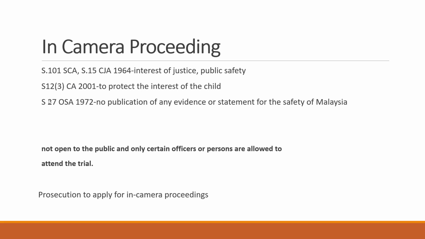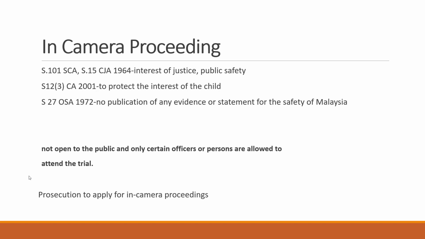And this is section 27 of your Official Secrets Act 1972. Okay, regarding any public security problems of Malaysia, you cannot publish it. You cannot, after that, make a tweet: oh, today the trial is about somebody stealing a nuclear weapon from Malaysia to somewhere. You cannot say like that.